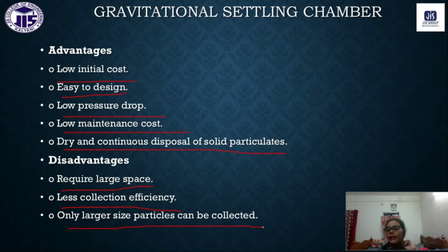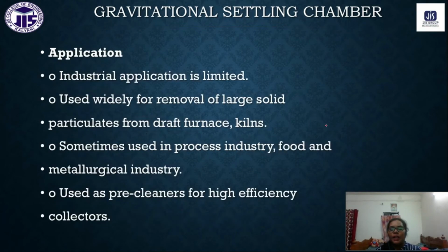That is why the particles must be large size. Understand? So these are some of the advantages and disadvantages of the gravitational settling chamber.